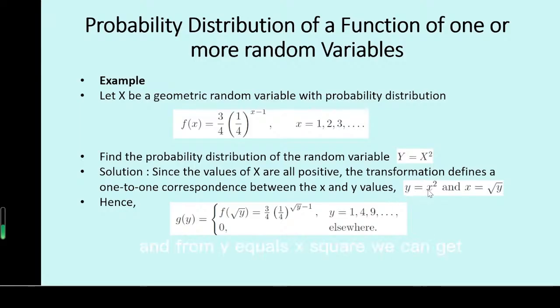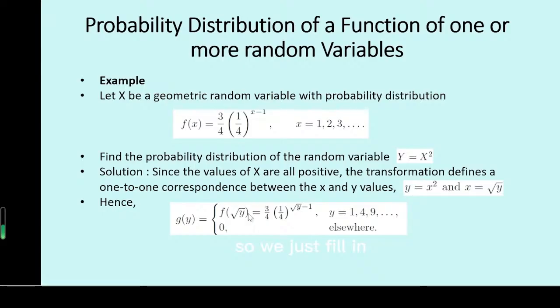And from y equals x squared, we can get x is the square root of y. So we fill in the density. Because of the one-to-one transformation, g(y) is also the density of X evaluated at the square root of y.